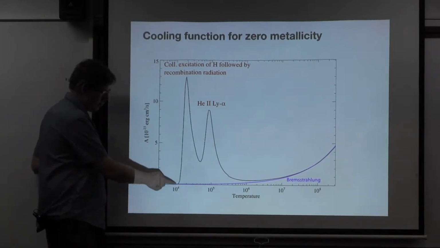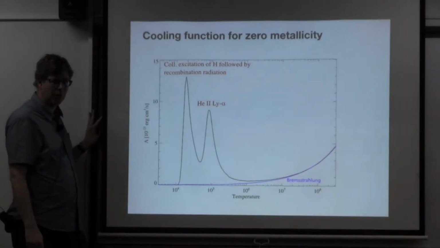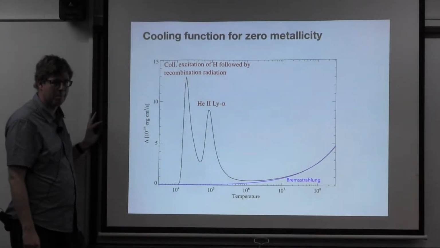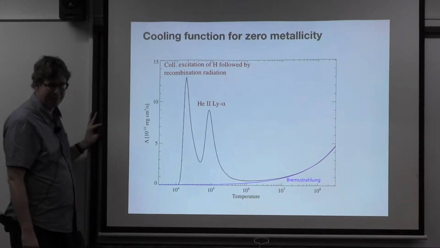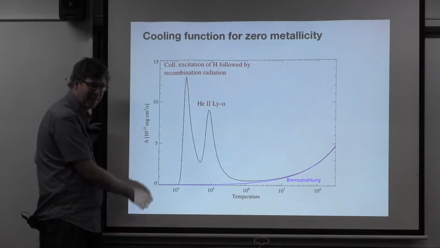That's at about 10 to the 4. Does anybody want to guess why the cooling function drops off at 10 to the 4? It's actually not entirely obvious. If this was in a galactic context, it might not drop off like this.